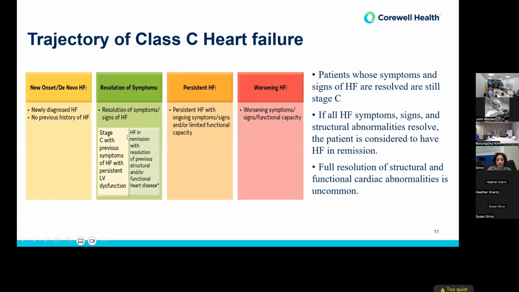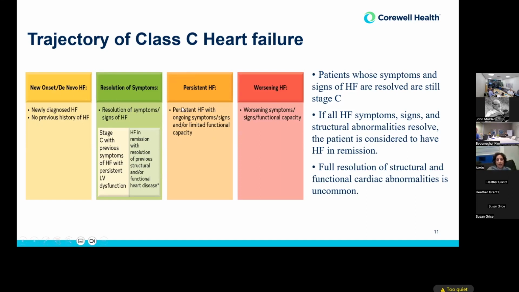And with appropriate medical therapies, their symptoms often resolve. They get diuresed, their blood pressure gets better controlled, their heart rate gets better controlled, and they no longer have the symptoms. But again, they are still stage C. They then may have those exacerbations or episodes more frequently, and sometimes they become persistent. And then those continue to progress as their heart failure continues to worsen.